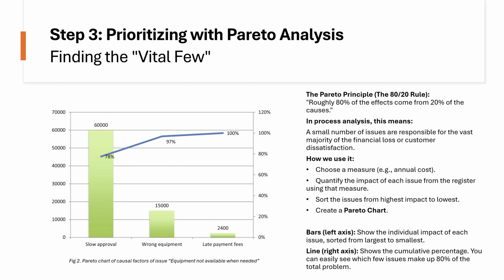The bars show the individual cost of each issue. The line shows the cumulative percentage, and we can see that the slow approval issue accounts for 78% of the total cost. This chart immediately tells us to focus all our efforts on fixing approval delays first, because that will give us the biggest financial return.